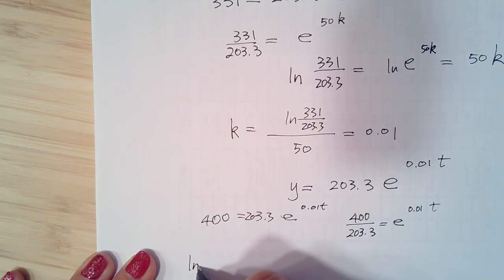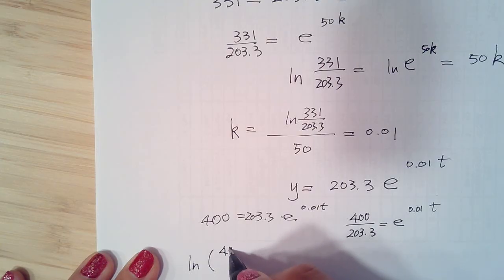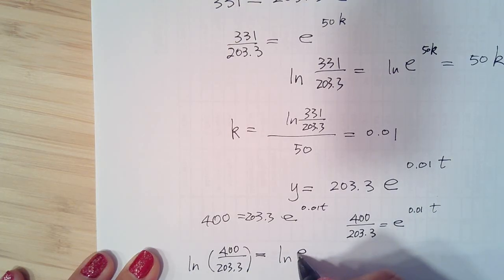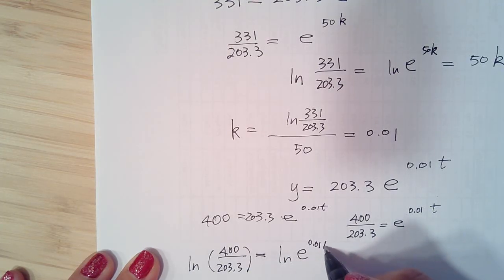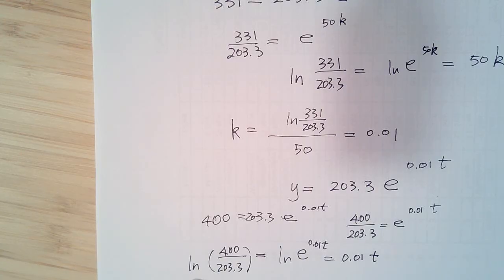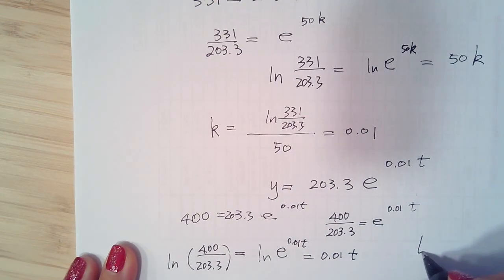So ln of the left side, 400 over 203.3, and the right side will be ln e to the 0.01 t. And what is this? ln and e cancel out, it is 0.01 t. So we get ln of this equals 0.01 t, so we just need to divide by 0.01 and use the calculator. Guess what? You find this is 67.7.